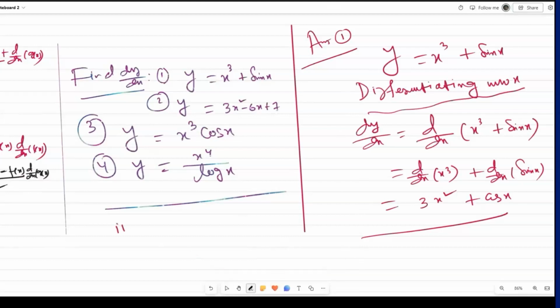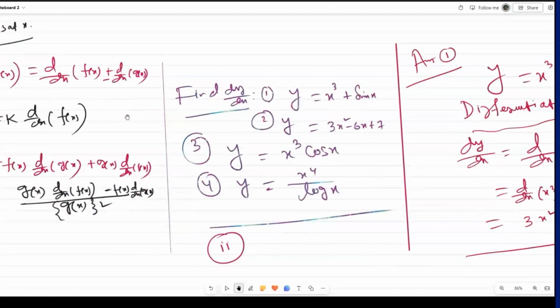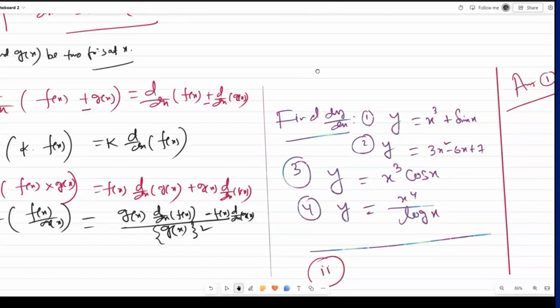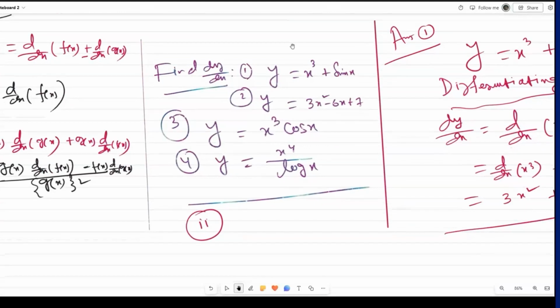Number 2 I'm doing here. One thing, that sum rule is valid for more than 2 functions. Instead of f(x) and g(x), there is another h(x) also. Then it will be derivative of f(x) plus derivative of g(x) plus derivative of h(x). So we are going to apply it in this sum.